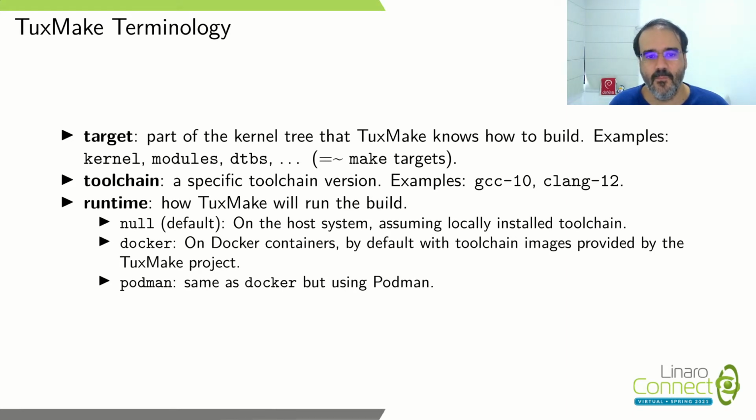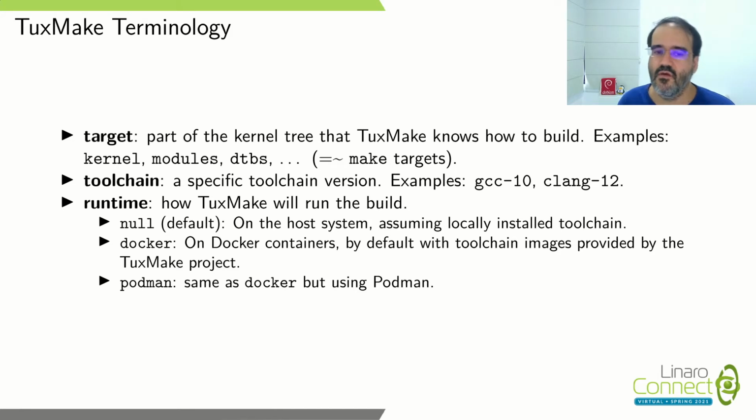And runtime is how TuxMake will run the build. We have a few options, so the default is the null runtime, which means TuxMake just does the build on your host system using whatever toolchains are available there. And then we have the container runtimes, which are Docker and Podman, which will download the curated container images provided by the TuxMake project itself.